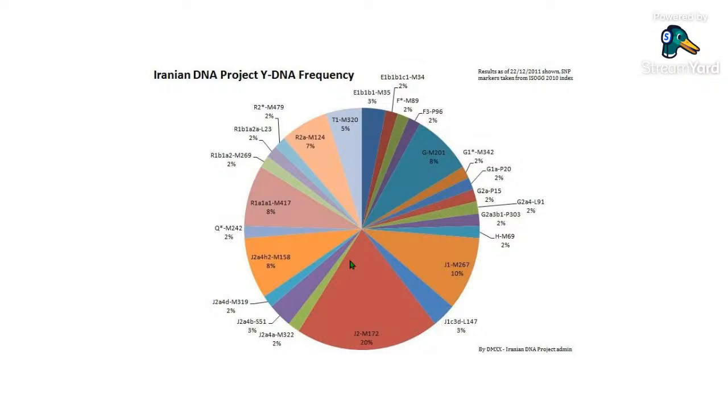For example, Albert Einstein was an E1B1, and he was a Jew. And even Hitler was an E1B1. So even though these are different haplogroups, this is the T from the Javan Sea people.